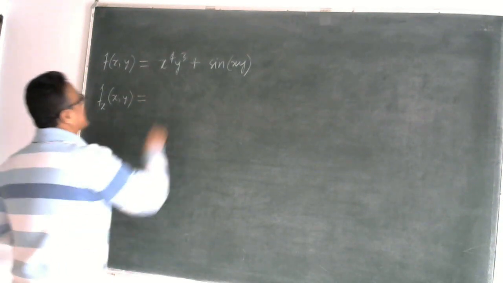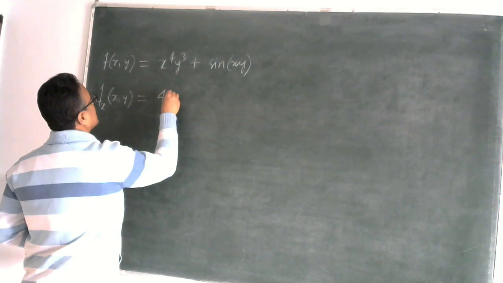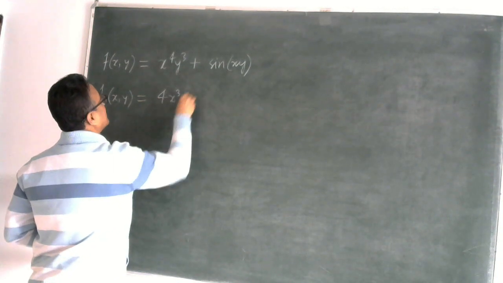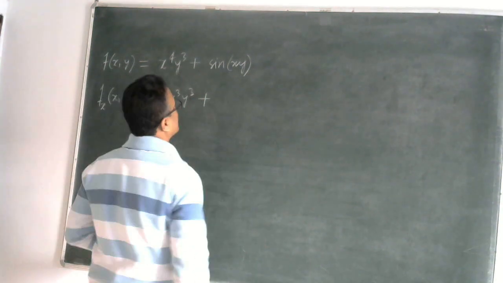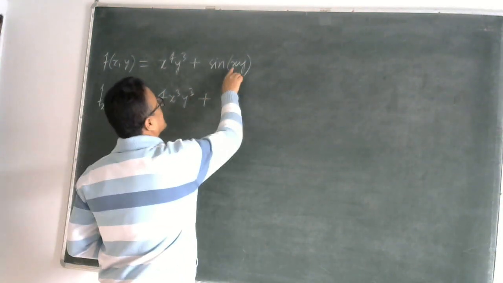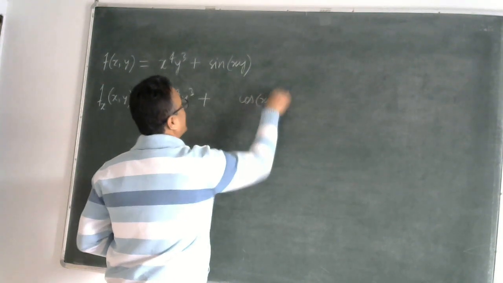So this is going to result in 4x cubed y cubed. And here, again, since I am considering y as a constant, this is going to be your cos xy.